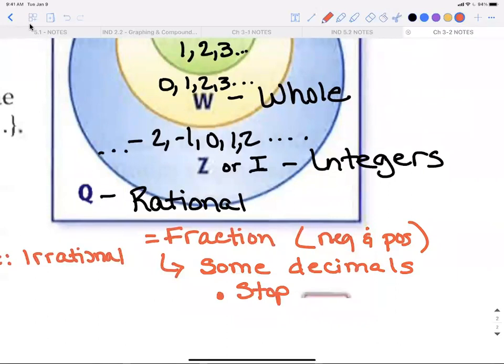Examples of that would be 0.4, right? It just stops. Another example of that would be negative 1.256. It just stops, okay? The other kind of decimal that's included are the kind that are repeating.